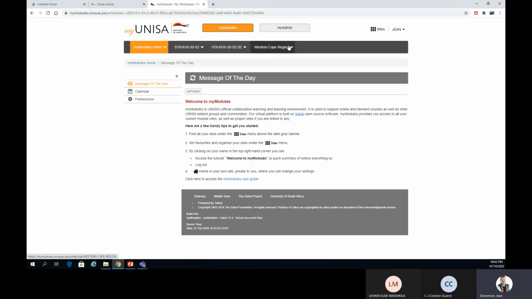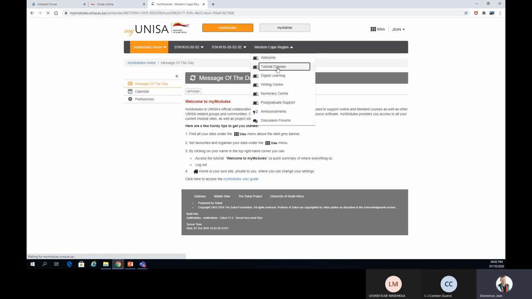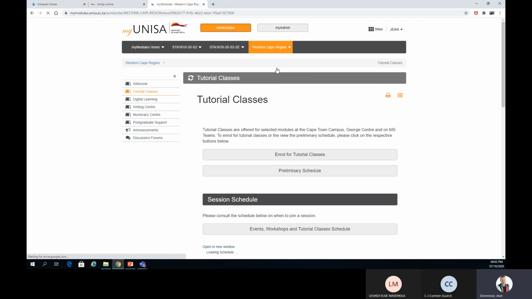You can just add it to your modules. I've already added it, but say you have it, then it gives you all the options, and under tutorial classes, it will take you to this view.